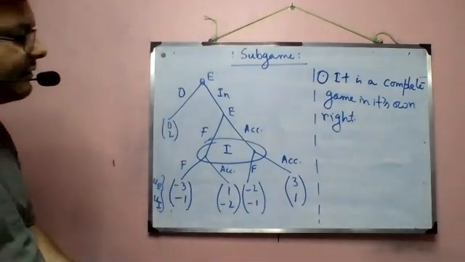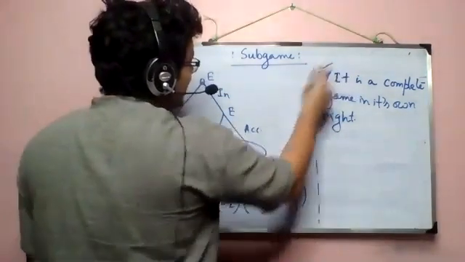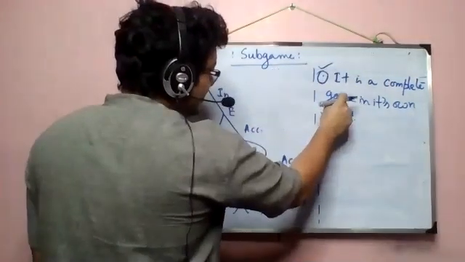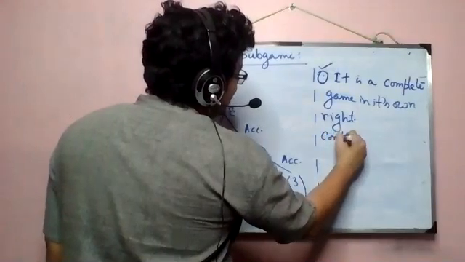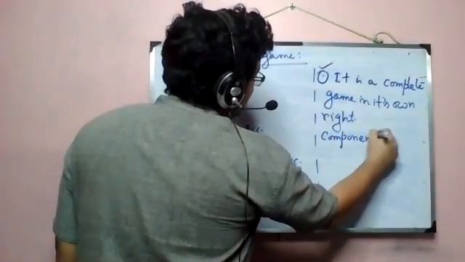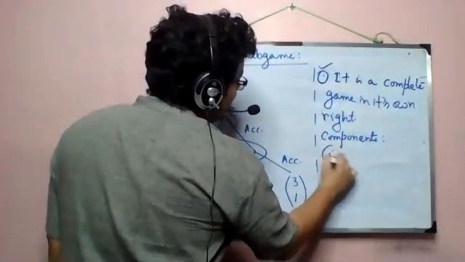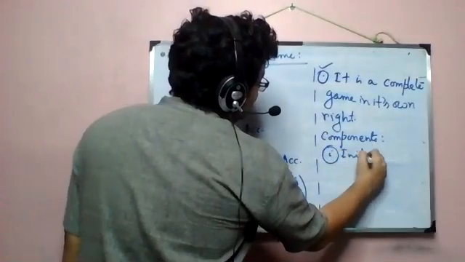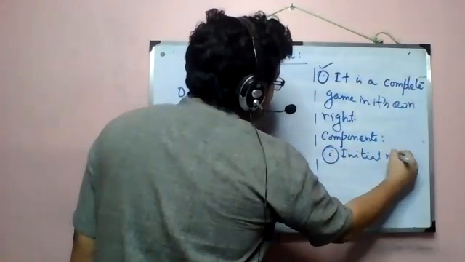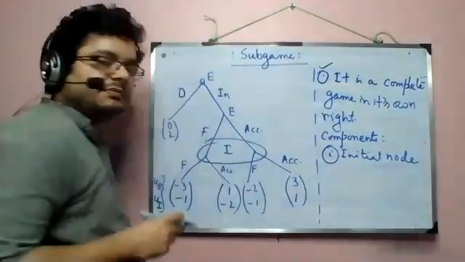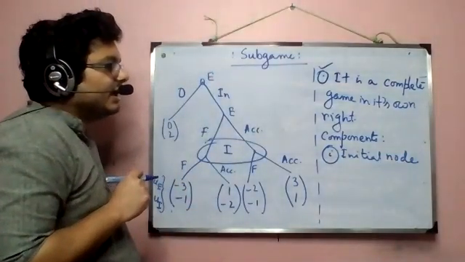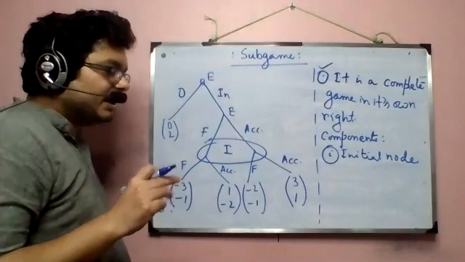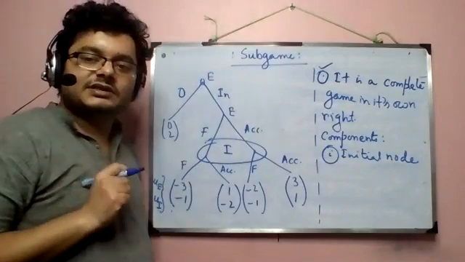Now, if it is correct that a subgame has to be a complete game, then we know that we need some components. Number one, we need an initial node. And by structure, you know that an initial node is always part of a singleton information set.